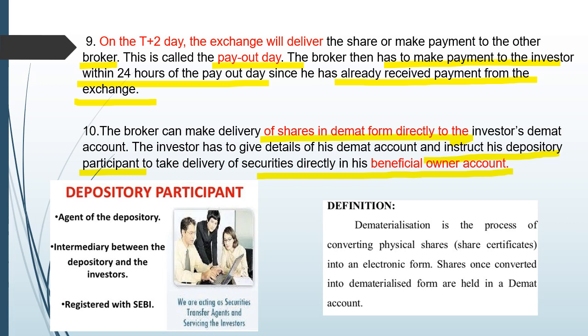Depository participants are mainly bank people, like agents who are working in the bank, or any third party intermediaries who can help you to buy the shares. But the main thing is they're all registered with SEBI, the Securities and Exchange Board of India. Okay, so this is the last procedure.